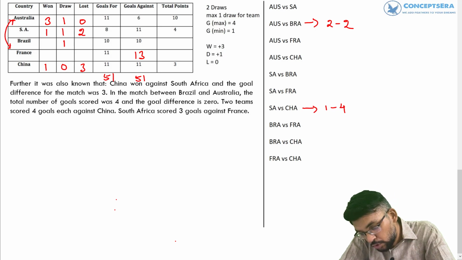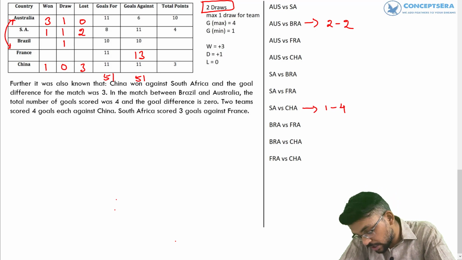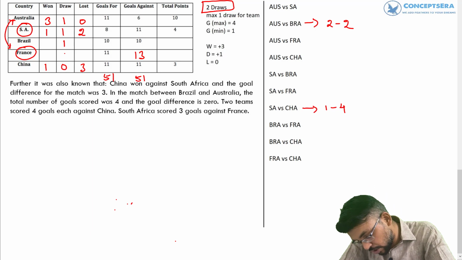And we know the total number of draws is equal to 2. So the other draw will definitely happen between South Africa and France, because for China there is no draw. So the other draw is happening between South Africa and France. So here we can also fix 1.